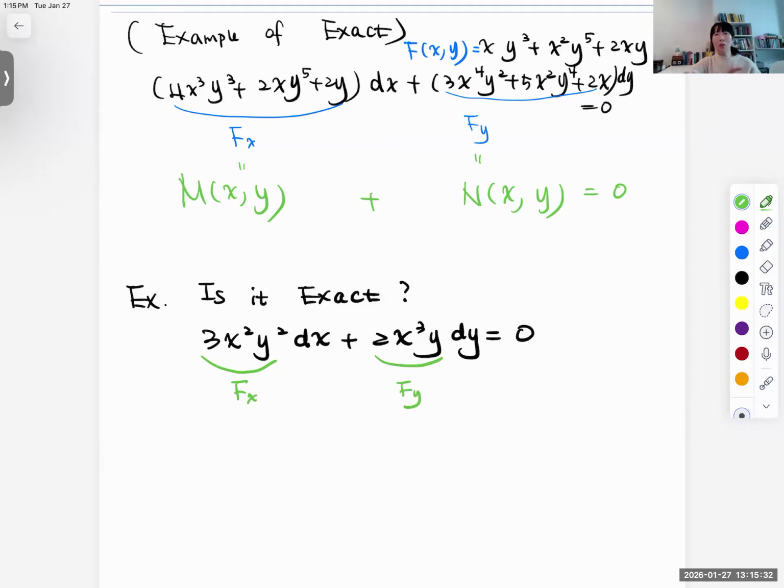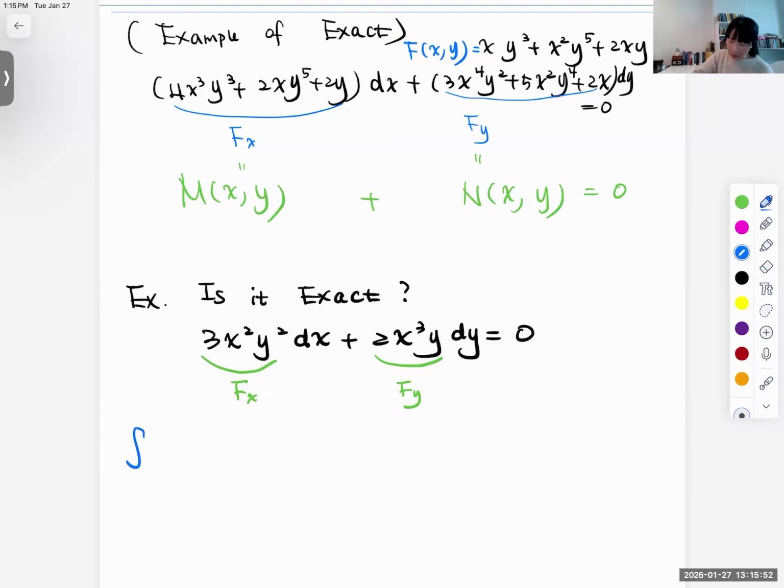Then how do we check exact? We have to have an original equation. Then how do you find the original equation from a derivative? Very good, antiderivative.